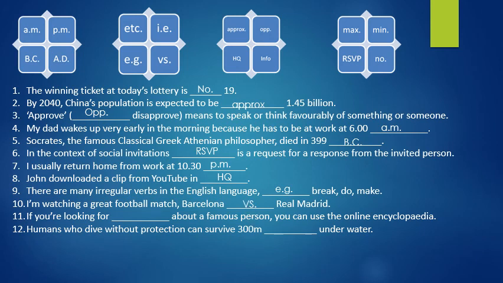If you're looking for information about a famous person, you can use the online encyclopedia. Humans who dive without protection can survive 300 meters max underwater. So if you go below 300, most probably going to die. So don't do it. I still need you in my class.